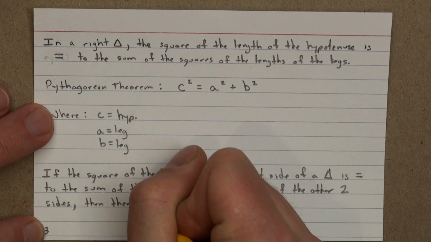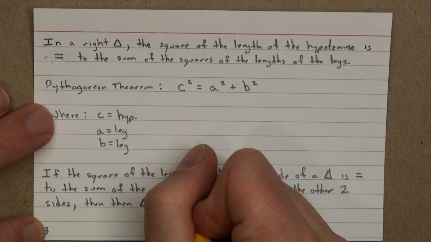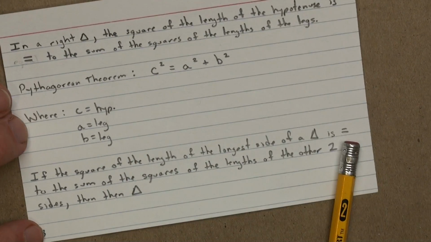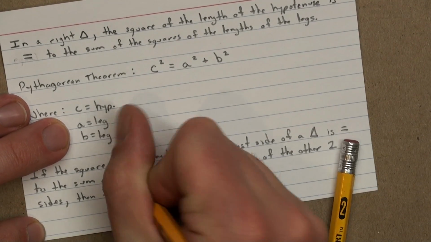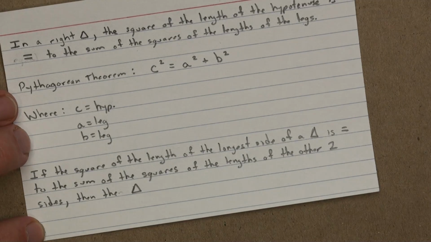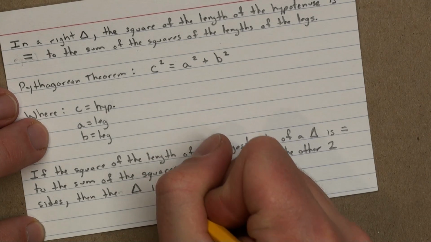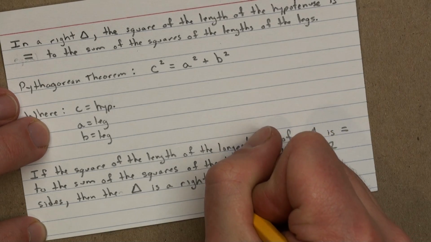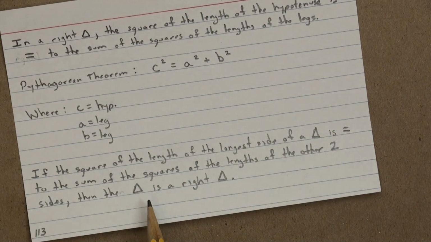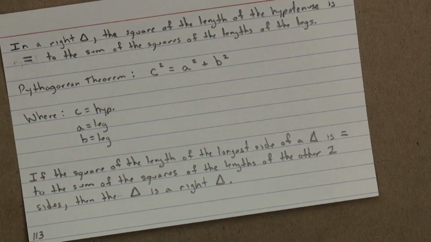So it's kind of like the Pythagorean theorem in reverse. So you can use this second theorem to prove that a triangle is a right triangle.